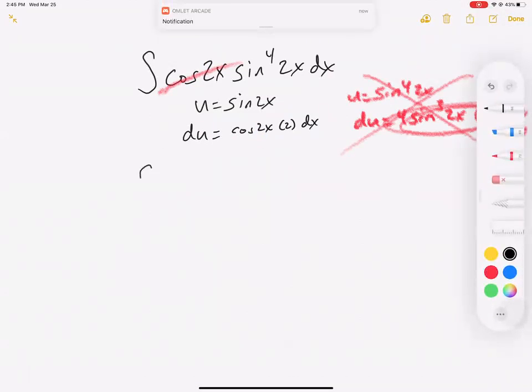Back to the integral of cosine of 2x times u to the 4th power. We're going to switch dx to become du divided by 2 cosine of 2x.